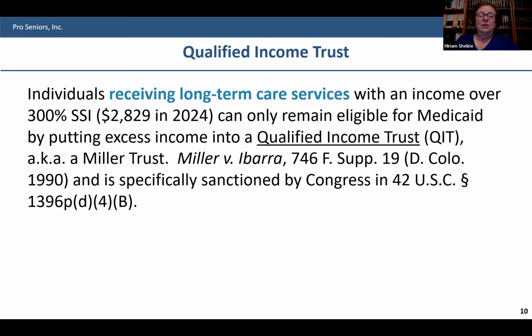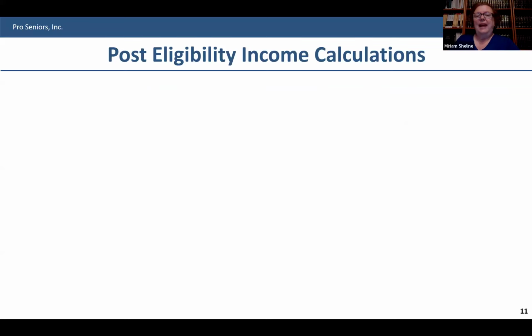What you have to do is put the excess income, i.e. the income above the $2,829, into the QIT each month so that it becomes essentially the trust's income and not the Medicaid applicant's income. Then the Medicaid applicant will qualify for Medicaid for income purposes. But again, that is our income eligibility piece.